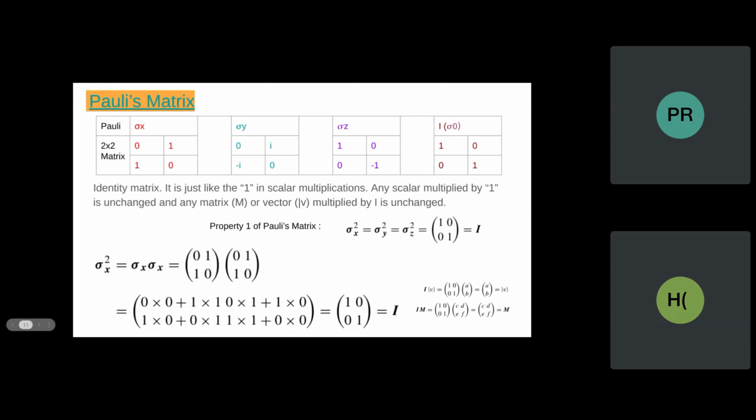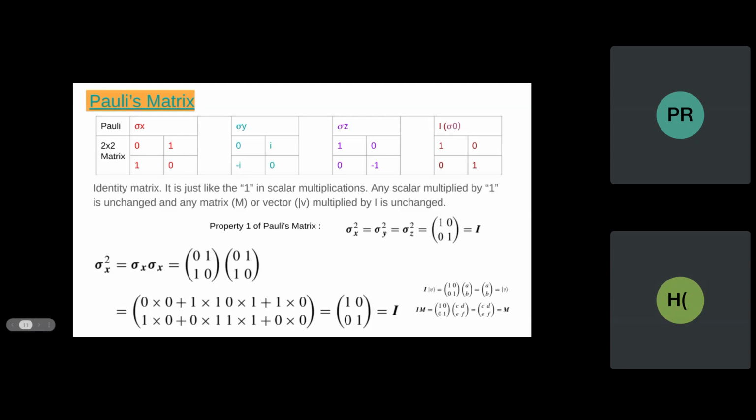So to remember the Pauli matrices, sigma x and sigma y are off-diagonal, and sigma z and sigma 0 are diagonal. For sigma x it is 1, for sigma y it is i and minus i, and for sigma z it is 1 and minus 1. Then there are the kets, ket 0 and ket 1. If the spin is up, it is 1, 0, and that is ket 0.